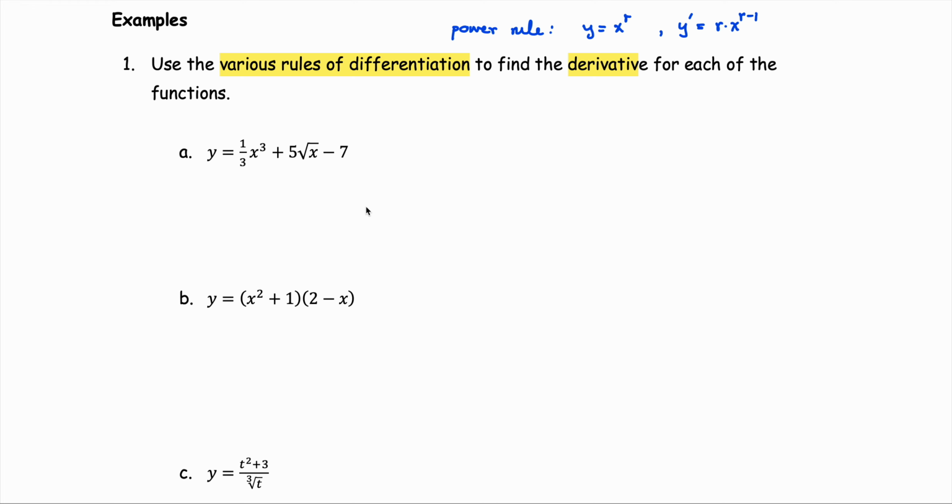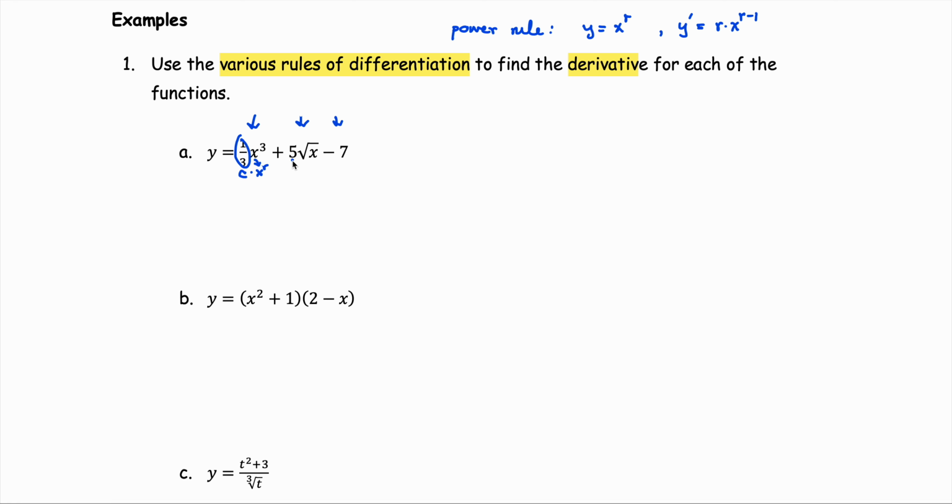So for part A, we have three terms: 1, 2, 3. As a sum and difference, that means you are going to find the derivative of each term and add or subtract them, depending on the operator in that problem. For the first one, 1/3 is called the constant multiple times the function, which is x to the power r, where r is 3.